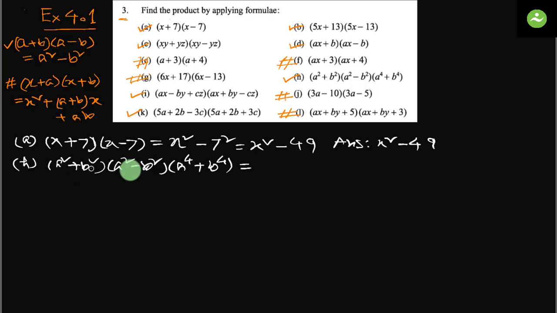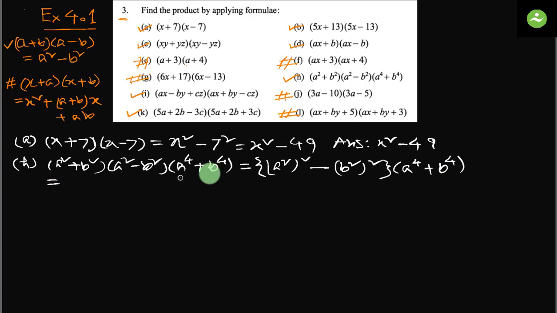So this is A plus B, this is A minus B, means A square whole square minus B square whole square. So put a second bracket and then A4 plus B4. Equals A to the power 4 minus B to the power 4.